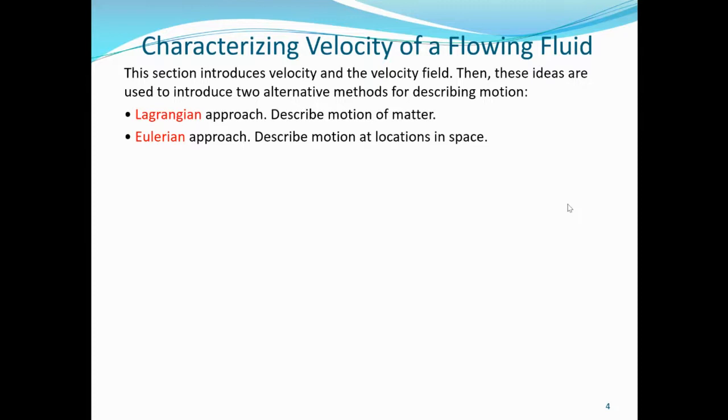Lagrange is an Italian scientist. Euler is a Swiss scientist. All these approaches were named after them. You have the Lagrange theorem, Euler's theorem. They are scientists who worked so much in these areas. The Lagrangian approach, like I mentioned, traces the path followed by individual particles.